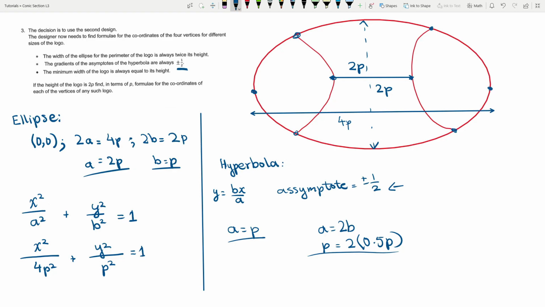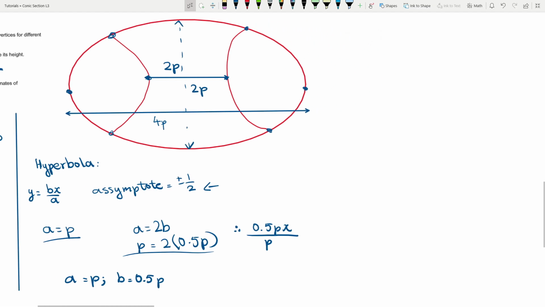Does that make sense? So therefore 0.5 px, so this is the asymptote, right? Over p. So a equals p and b is 0.5 p.